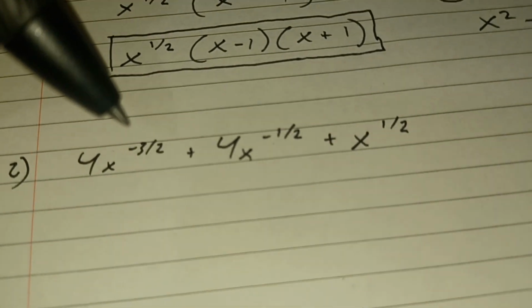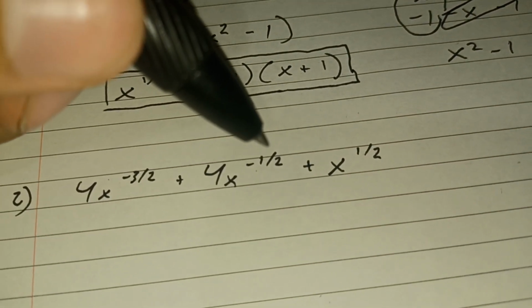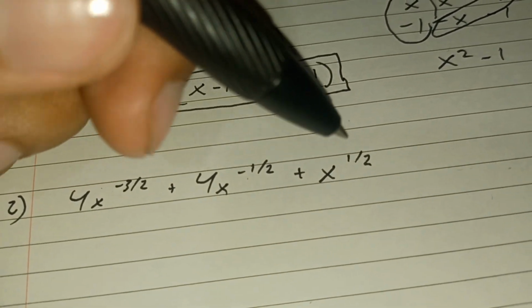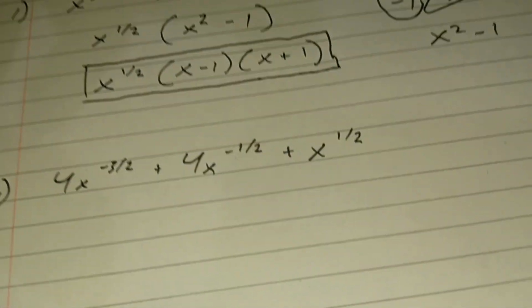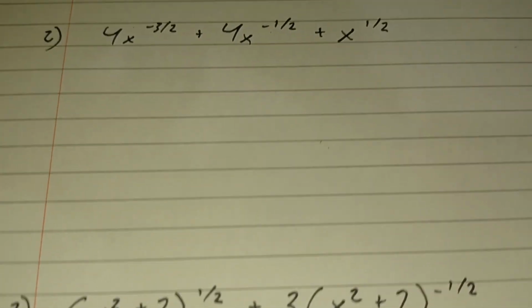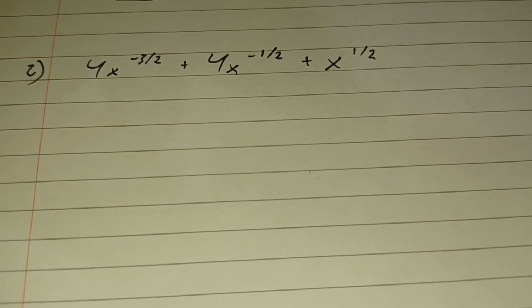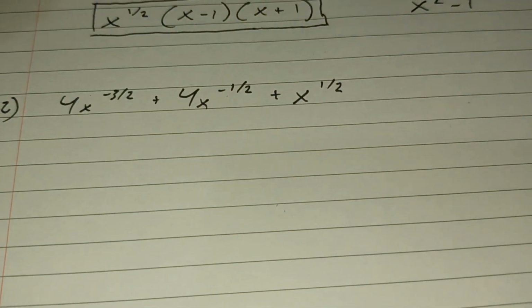Number 2: 4x to the -3/2 power plus 4x to the -1/2 power plus x to the 1/2 power. So what can we take out from here? We can definitely take out an x because they all have x in common, right?